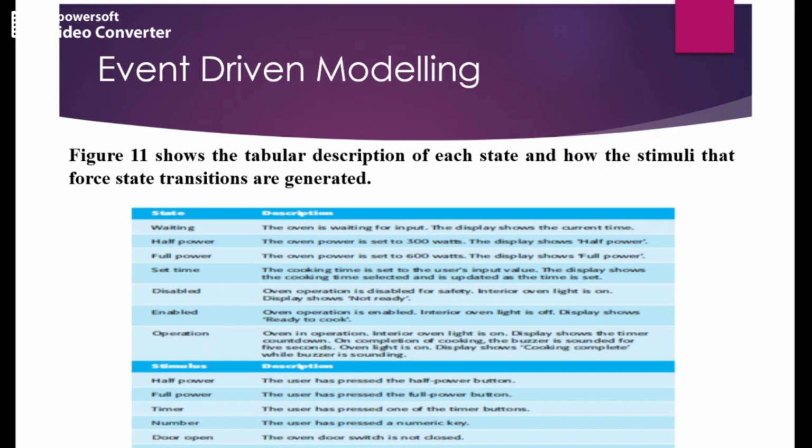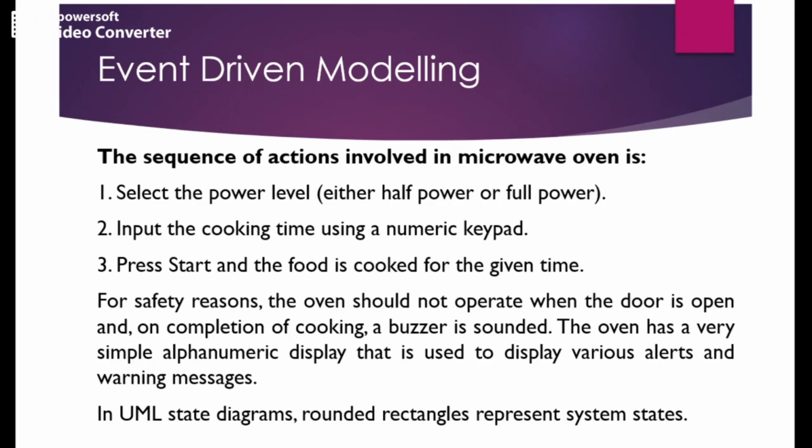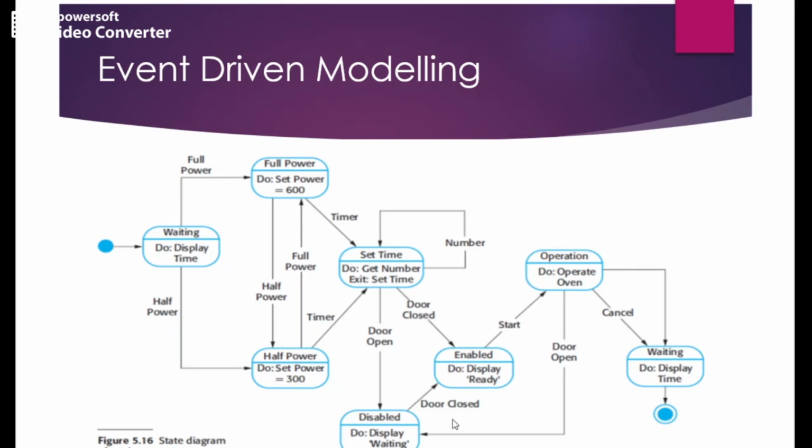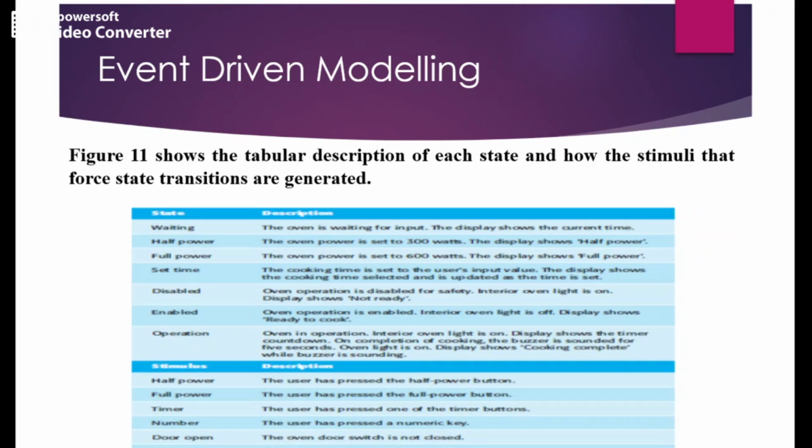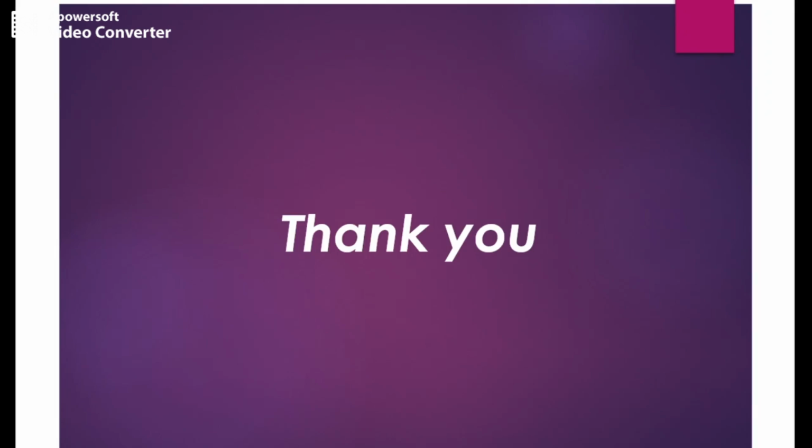Cancel: can you see one more button? Cancel means the user has pressed the cancel button. So these are the different states and stimuli for the microwave oven. This is mainly the tabular description of each state. Thank you.